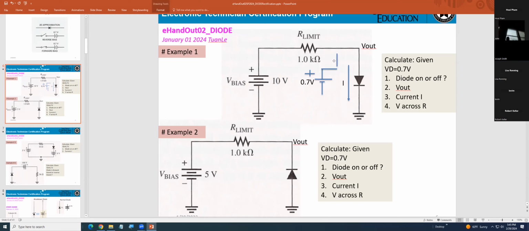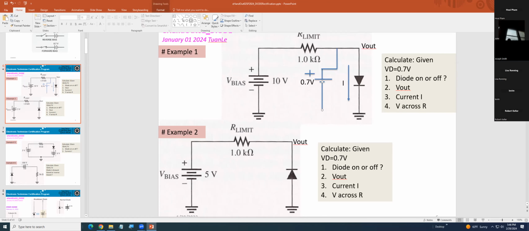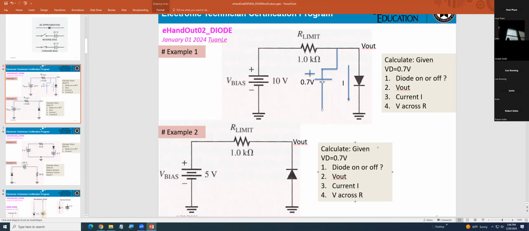This battery will be substituted for the diode, and that will be connected on one side to the root. Okay? So forget the diode here.